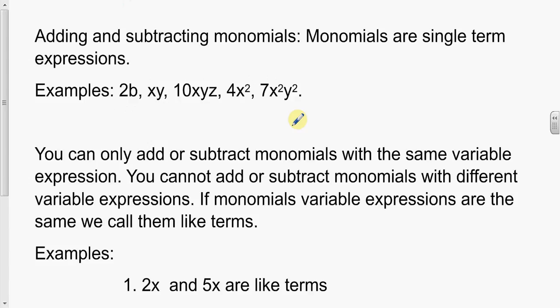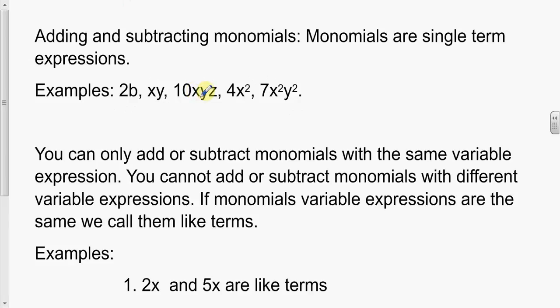We can only add or subtract monomials with the same verbal expression. We cannot add or subtract monomials with different verbal expressions. If monomials' verbal expressions are the same, we call them like terms. And what do we mean by a verbal expression?